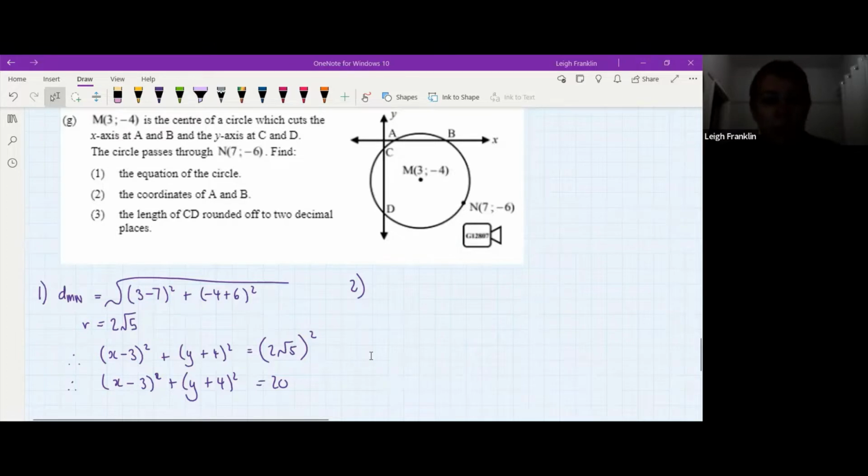Exactly, we let y be equal to 0. Okay, so now that we've got the equation of our circle, we can go ahead and let y be equal to 0. So this gives us (x - 3)² + (0 + 4)² = 20.